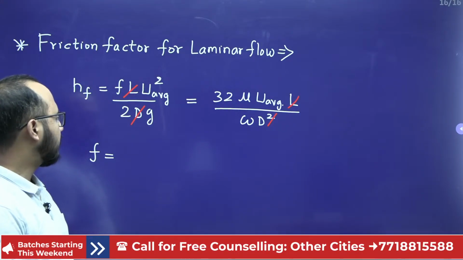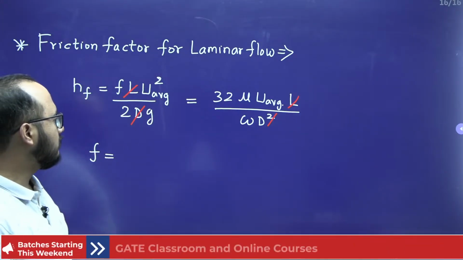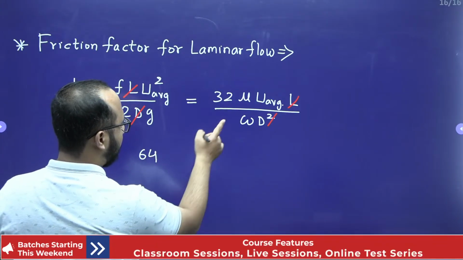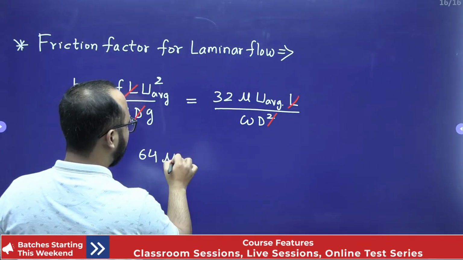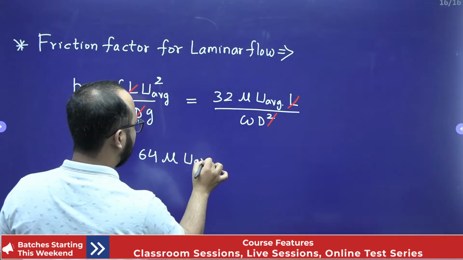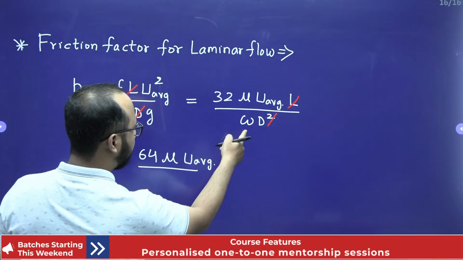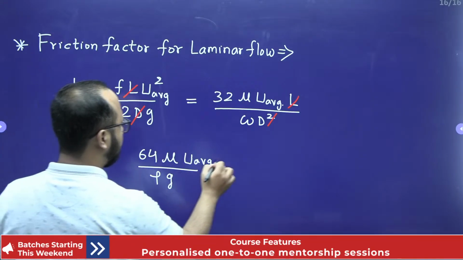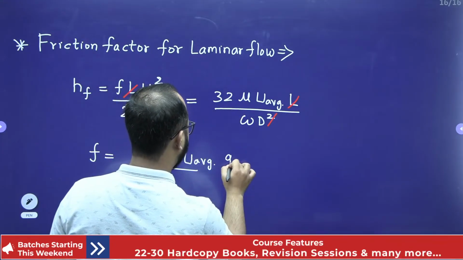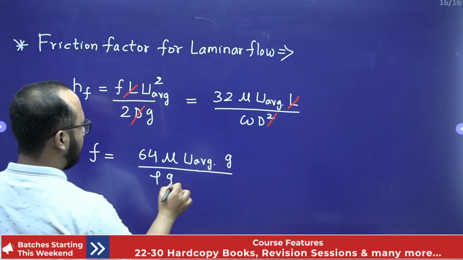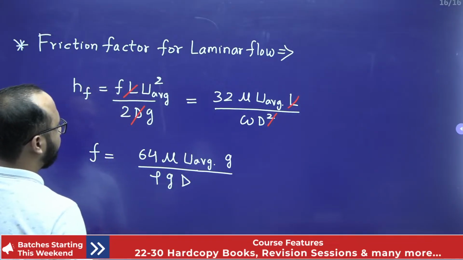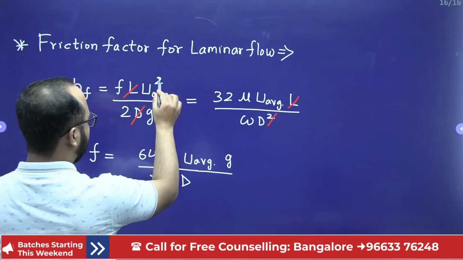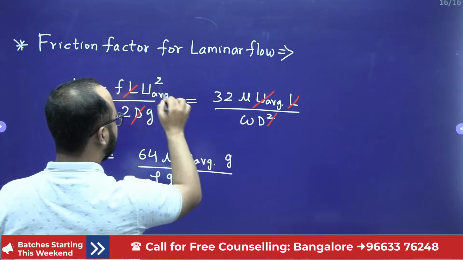Okay, friction factor: 2 into 32 will be 64. 64 into this mu into U average, divided by specific weight, which is density into G. We need to multiply 2 into G. So G will get cancelled out, and one diameter is already there. This U average will also cancel out, this one will remain there.